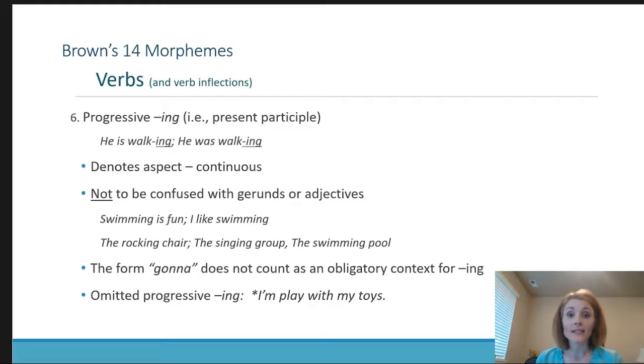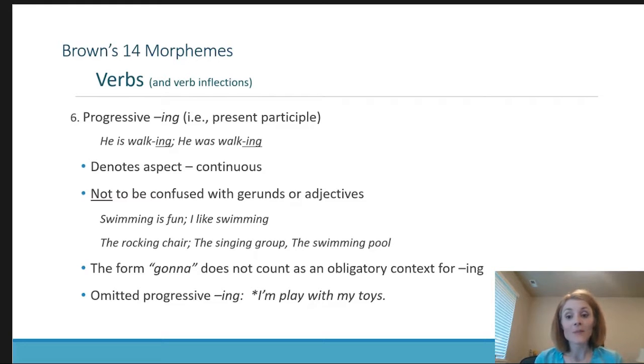And the reason why this doesn't count is because children learn these contracted forms like gonna as a single form, and they might not know that gonna is a contracted form of going to. So we wouldn't want to give them credit for going to, which would be 3 morphemes, go, and then the ing, and then to, when they might not have that in their system yet. So gonna just counts as 1 morpheme in child language samples.